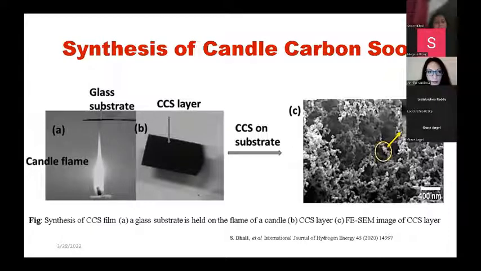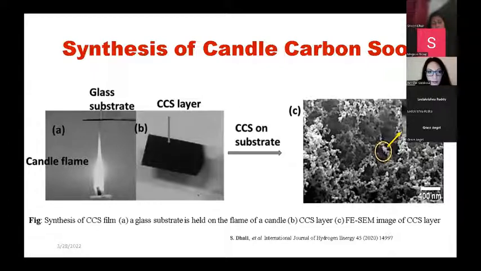Here I'm using the glass slides, and this one is the SEM image that shows a chain of particles deposited on the glass substrate, and this chain is very helpful in the sensing of hydrogen gas.